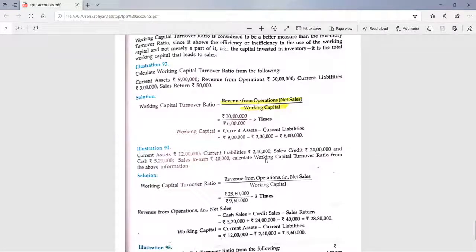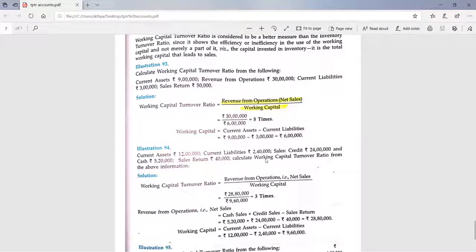Similarly here, we have to use the sales or the RFO given in the question. But in 1% of cases, only in 1% of cases, you are not able to calculate RFO. It means the information about RFO is skipped in the question by mistake.